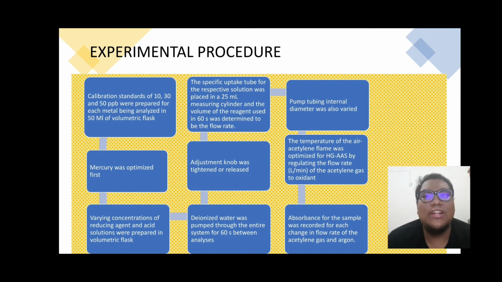We also have to make sure that the instrument was zeroed after each adjustment. And lastly, we can analyze the absorbance of the sample, which was then recorded for each change in flow rate of the acetylene gas and argon. All conditions were kept constant during the analysis, and only the parameters stated before were optimized and varied.